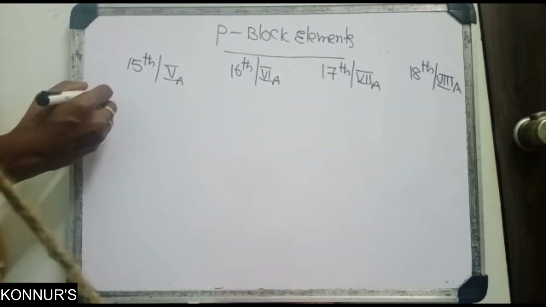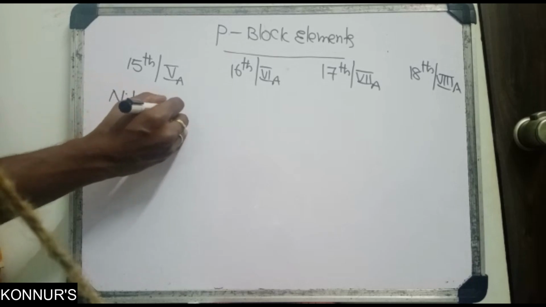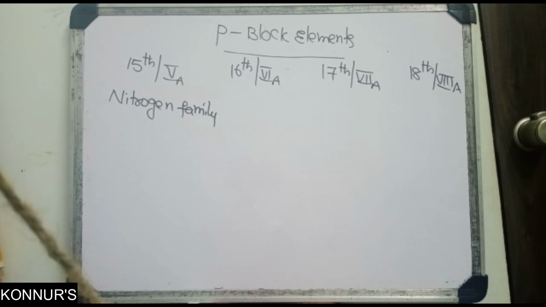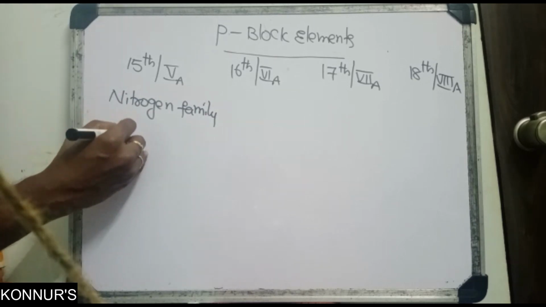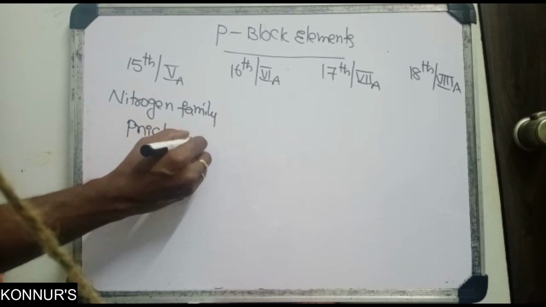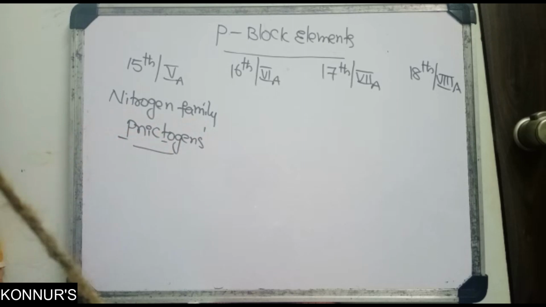Next, 15th group you call the nitrogen family, and the special name is pnicogens. Here the P is silent.